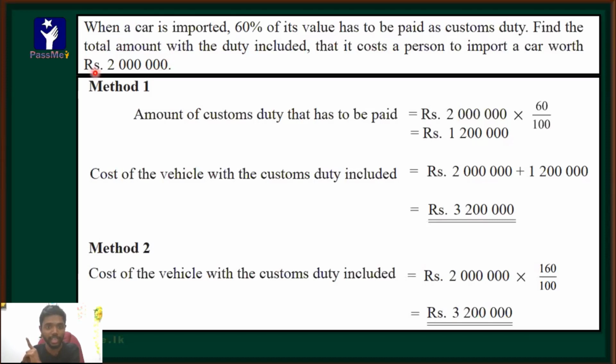Right? Remember that. China තියෙනකොට වටිනාකම මෙච්චරයි. But when it comes to Sri Lanka, the Sri Lankan government says that 60% of its actual value should be paid to the government as a custom duty. So අපිට පුළුවන් දැන් amount of custom duty that has to be paid හොයන්න: 2 million, the actual value of the car, into percentage value 60%.